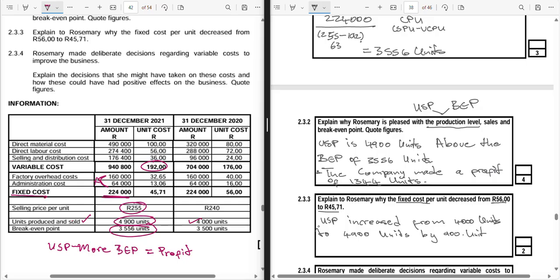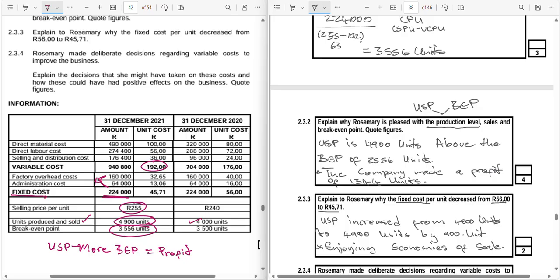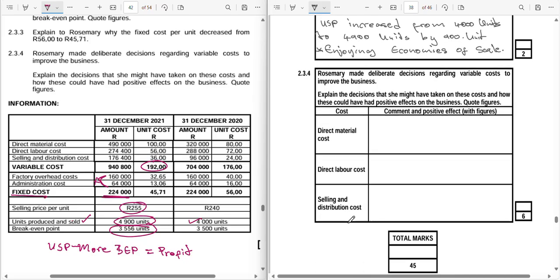Then you say enjoying economies of scale. Interesting. We move to the last one.